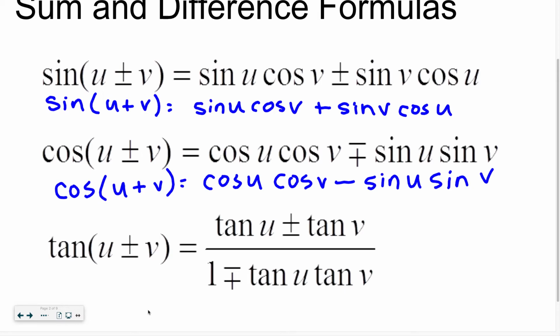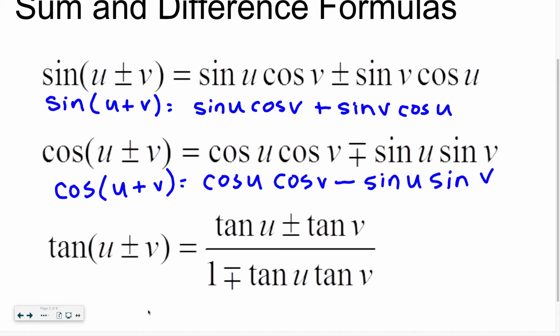But beware in cosine, the formula is written so that you have u plus or minus v, but in the actual formula, the two products that you're doing with cosines and sines is minus plus. So when you want to add the angles, you actually subtract the products. And when you want to do the subtraction, like that problem was, then you pick the plus.